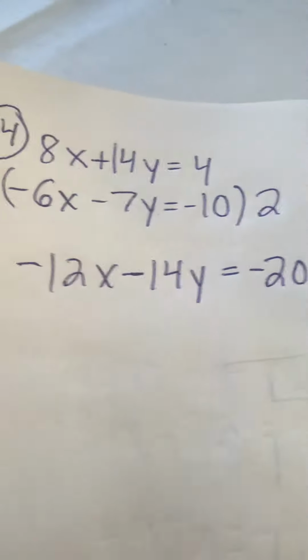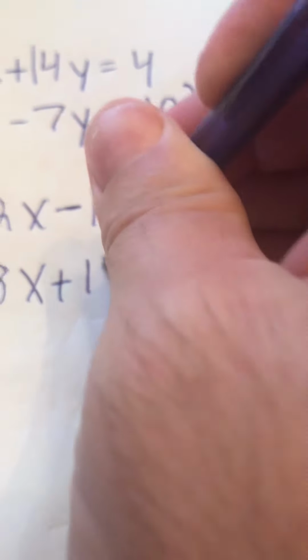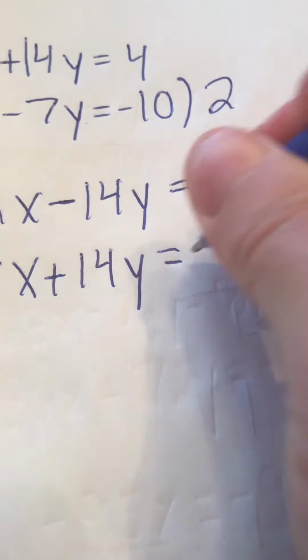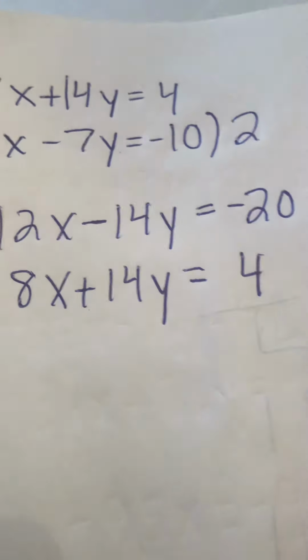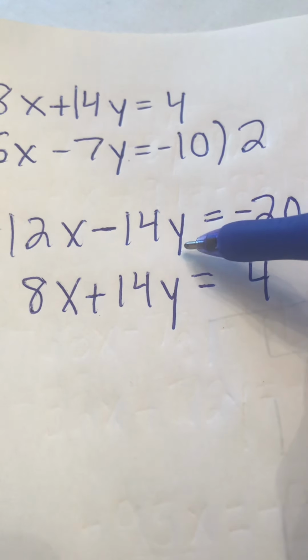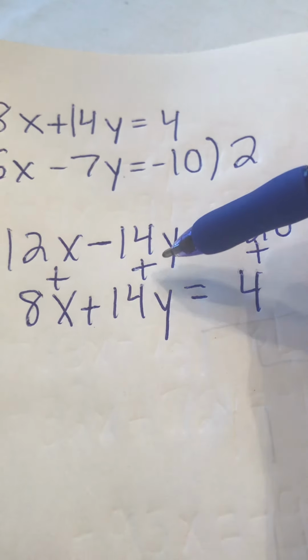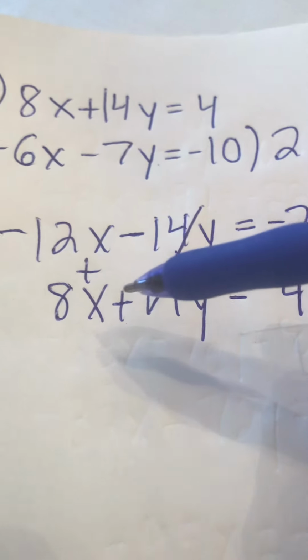So I doubled my whole equation, and now I'm just going to take my first equation and rewrite it down below it. And that allows me to go ahead and eliminate the y variable by adding, because we have opposite coefficients, which are negative 14 and plus 14, so that can eliminate the y variable. Then I just add throughout.